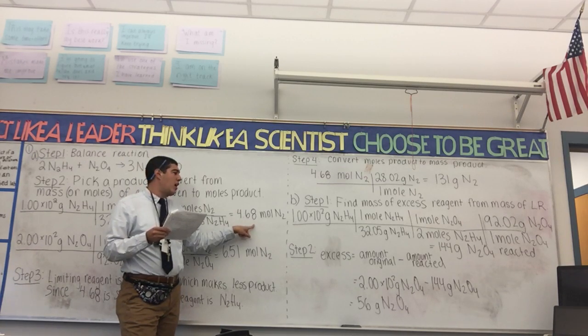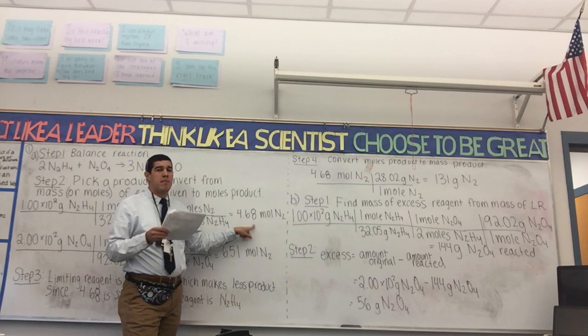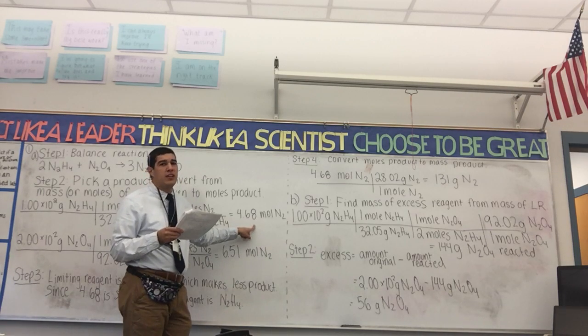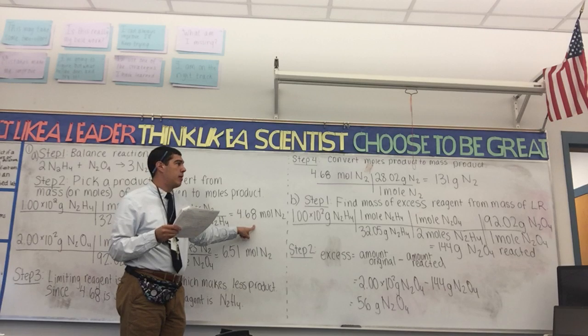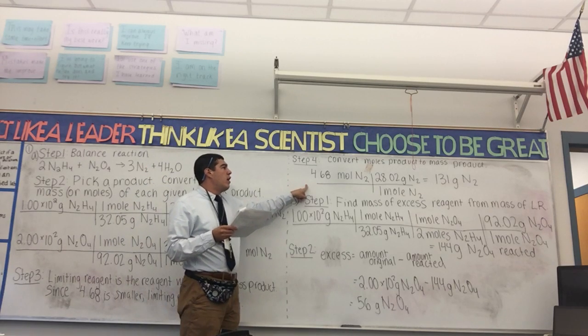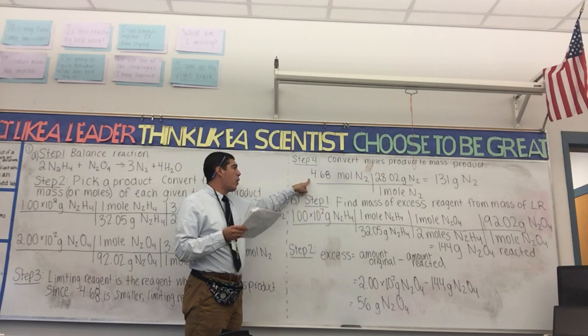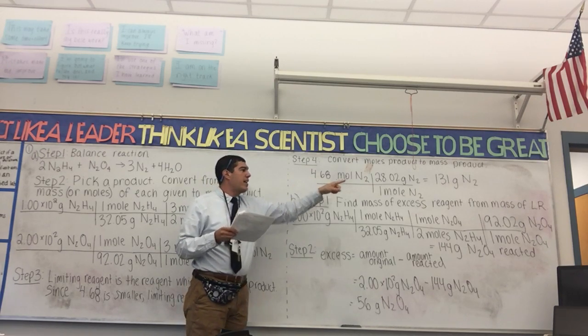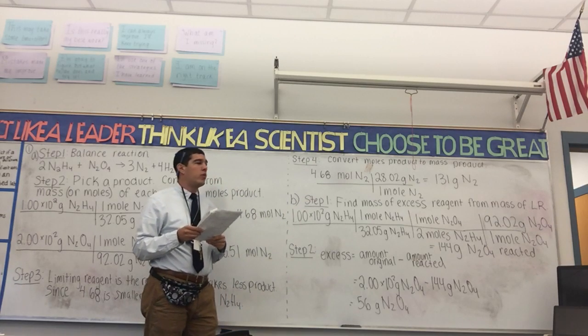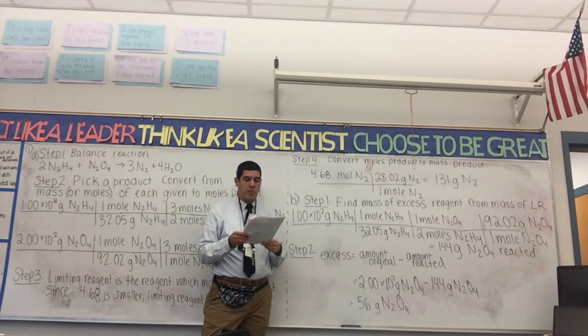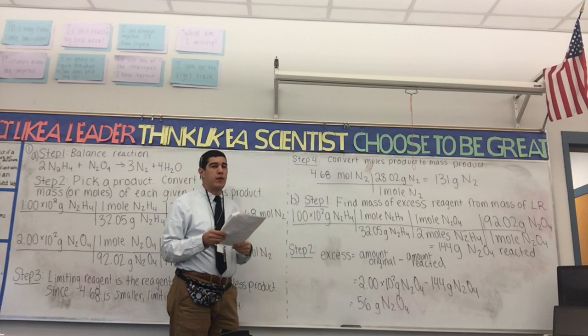That's the amount of N2 which is able to be made from the two givens which we were given in the problem. From this work, I can find from moles of N2, using the molar mass, that 131 grams of N2 were made. This is your answer for part A.